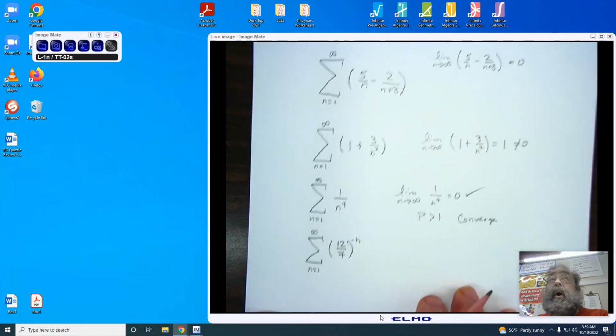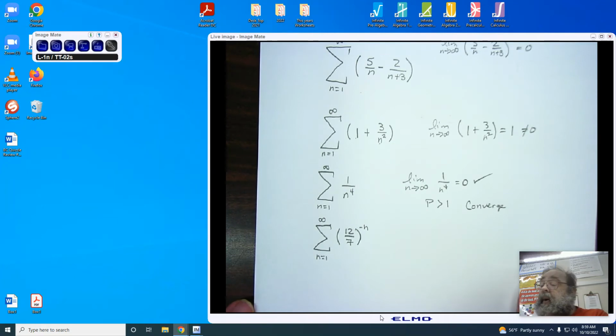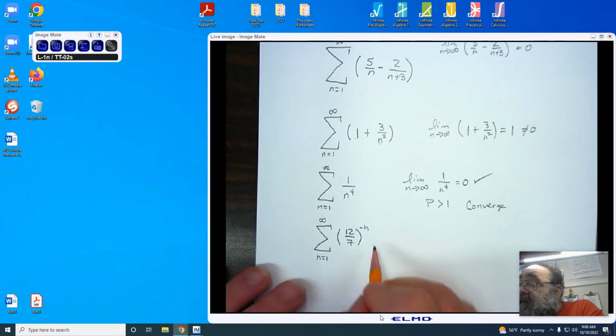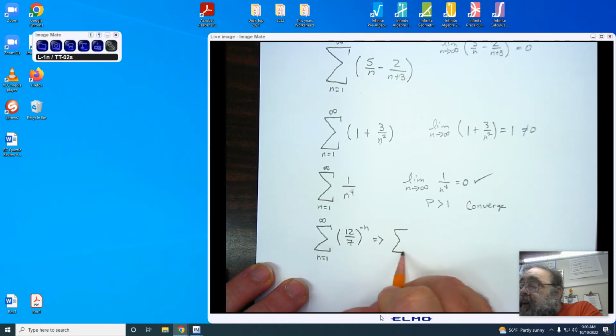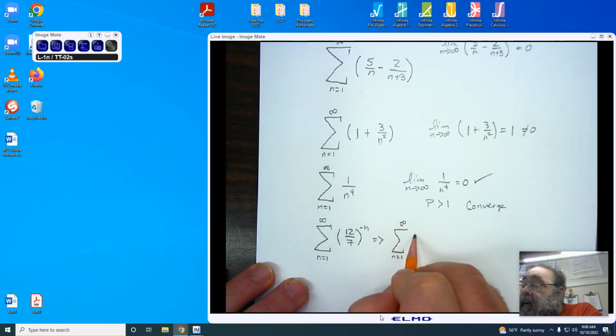This brings us to our last example. In this one, I'm trying to trick you once again because I've got that negative power of n. With the negative power of n, we want to rewrite it so that it is cleaned up and apparent.